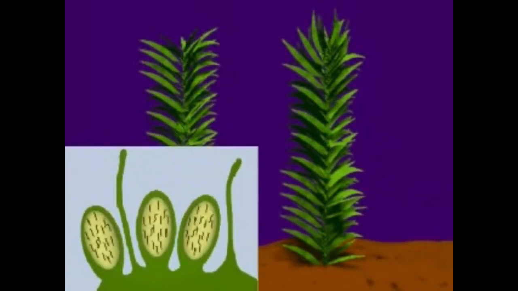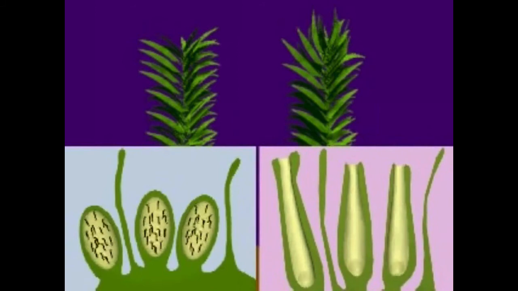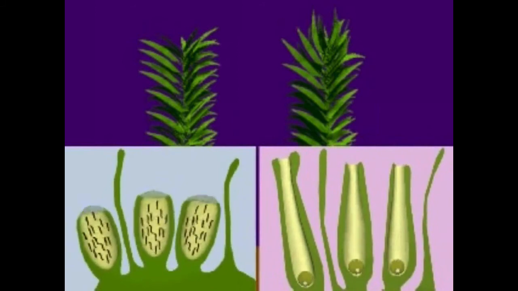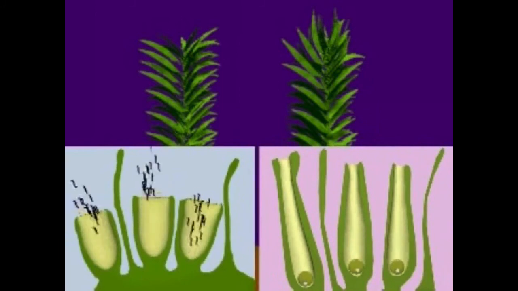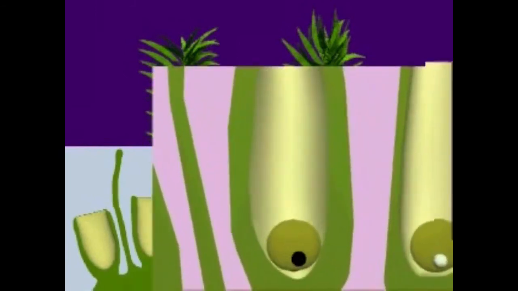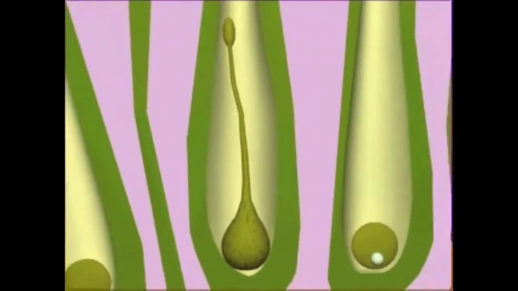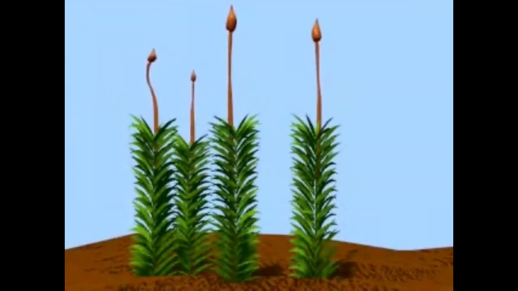Sperm form within the antheridium. The archegonium develops on the female gametophyte. An egg forms within the archegonium. Sperm are released from the antheridium and swim to the archegonium. Fertilization takes place inside the archegonium and a zygote is formed. The zygote divides by mitosis to form a new sporophyte in the form of a stalk and capsule.